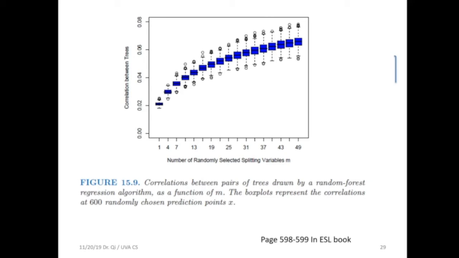In the beginning, it gives good performance, and here good performance means low correlation. The smaller the M, the lower the correlation among trees. You can see the y-axis is the average correlation among trees, which is extremely small, about 0.06, and when you have a large M, it increases the correlation.